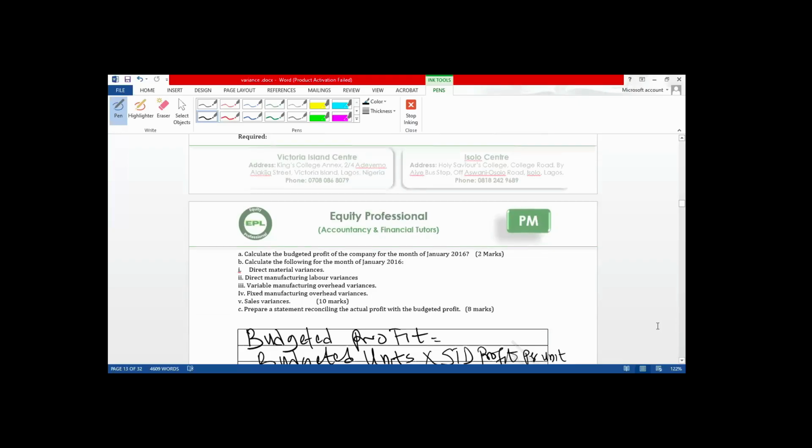Prepare a statement reconciling actual profits with the budgeted profits. 8 marks.